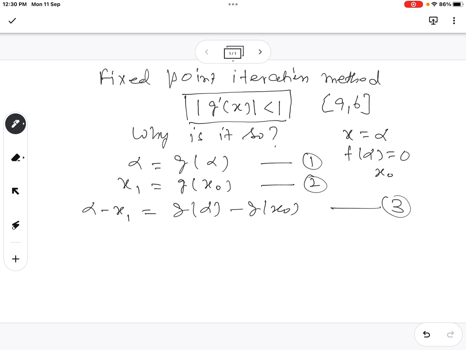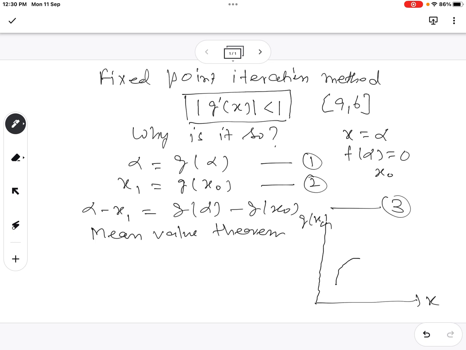Now before proceeding further, I would like to invoke one theorem called the mean value theorem. And what does this theorem say? This theorem says that if I have a function g which is dependent on x, the function looks something like this, and the endpoints of this function are a and b, and I draw a secant from a to b. In other words, the secant passes through the endpoints.